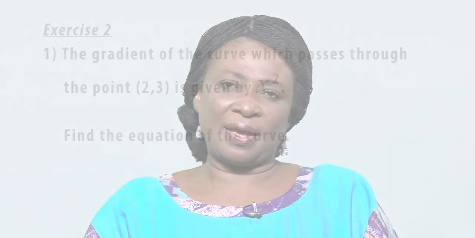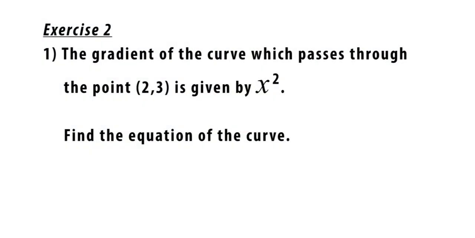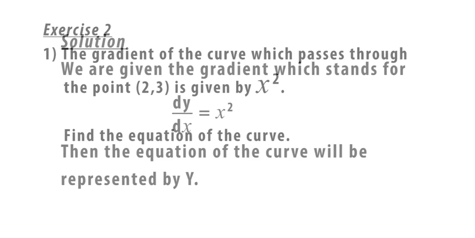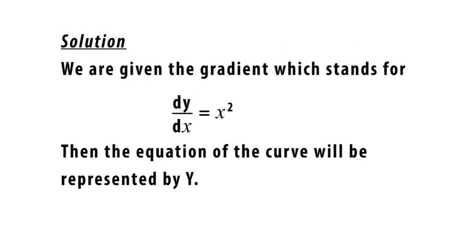The gradient of a curve which passes through the point (2, 3) is given by x squared. Find the equation of the curve. Let's take the solution of this question. We have been given the gradient which stands for dy/dx. dy/dx is equal to x squared.